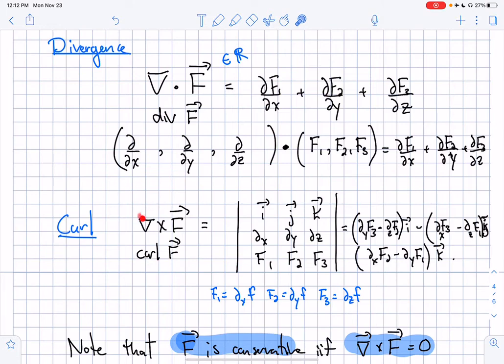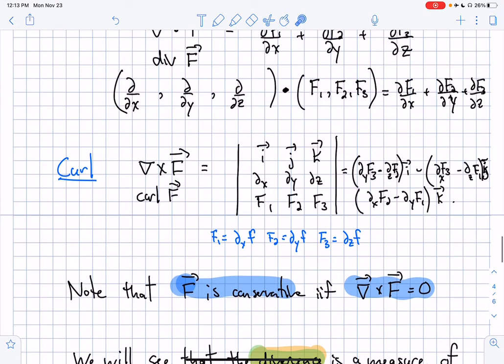This notation is better because it tells you how to compute it. It's a cross product. So you take in the i coordinate del y f3 minus del z f2, minus in the j this diagonal and k this diagonal. All right, and so the curl is actually a vector with 3 coordinates.